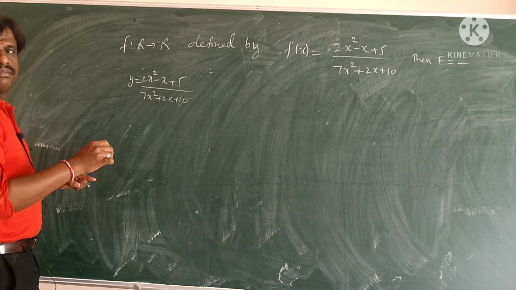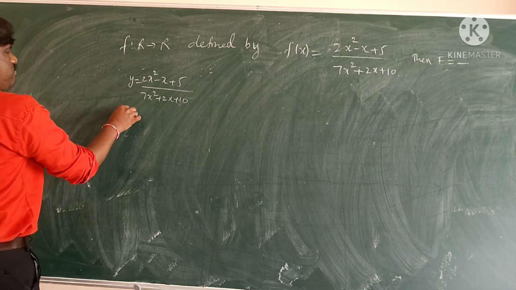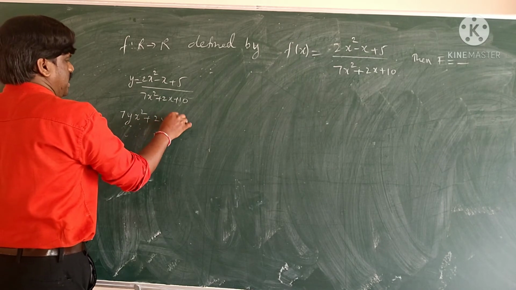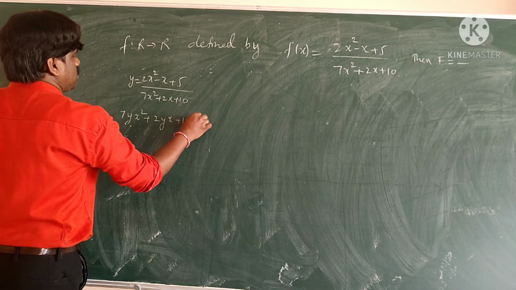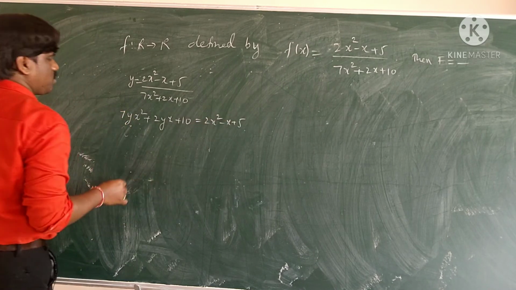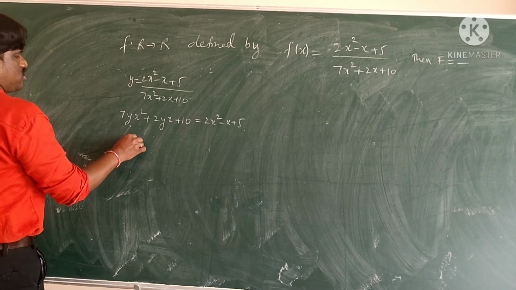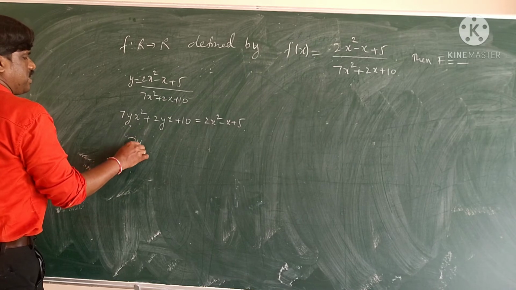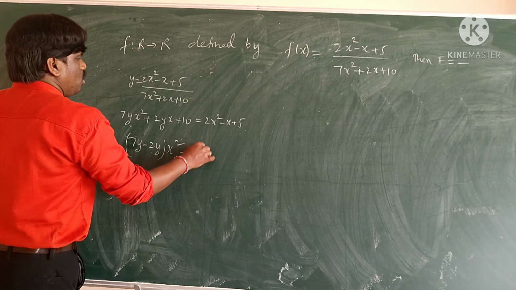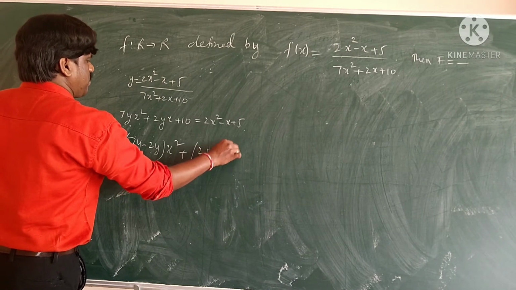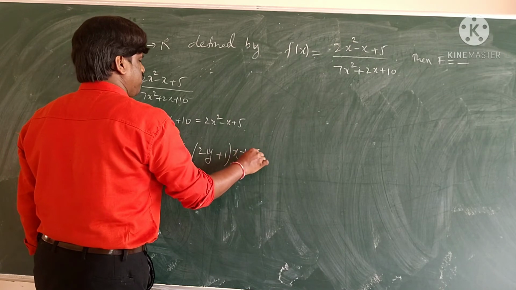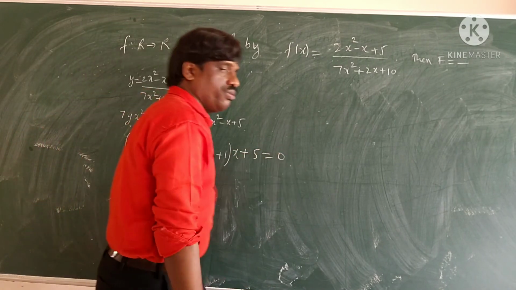Do cross multiplication. 7yx square plus 2yx plus 10y is equal to 2x square minus x plus 5. You can take x square common. So (7y minus 2)x square plus (2y plus 1)x plus (10y minus 5) is equal to 0.